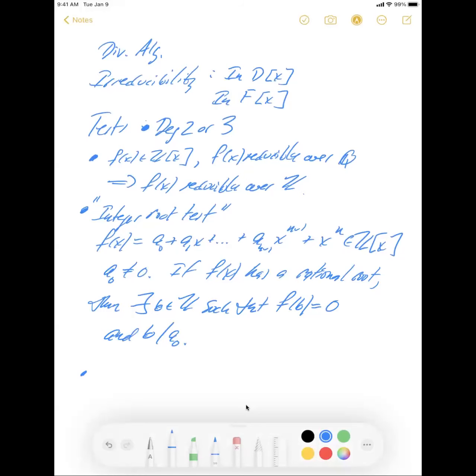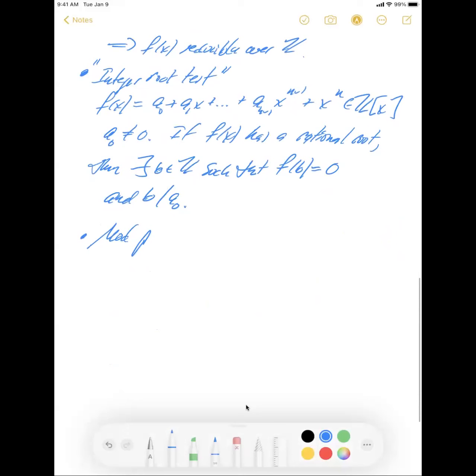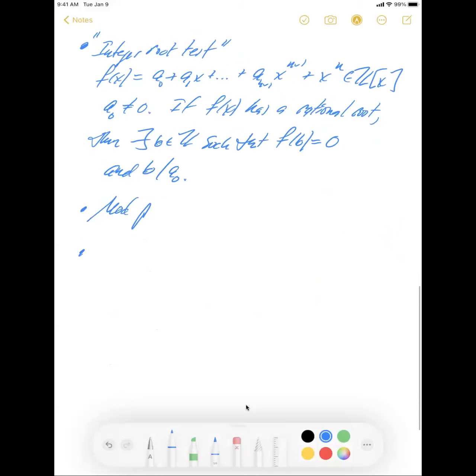There's a mod p test. And then Eisenstein. Any questions so far?